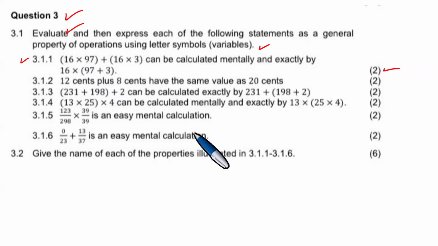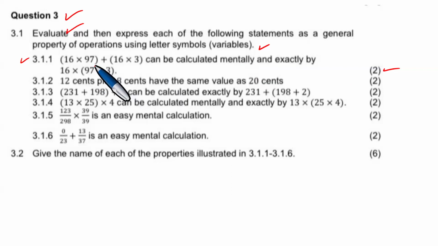If we need to calculate this, what is the answer? The examiner is telling us that this expression, 16 times 97 plus 16 times 3, can be calculated mentally and exactly.